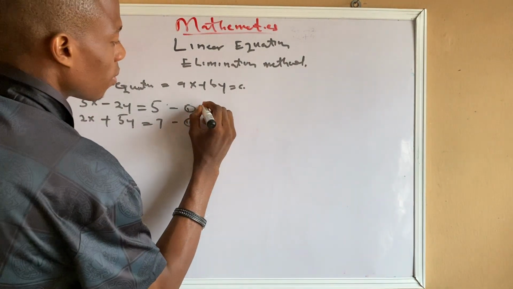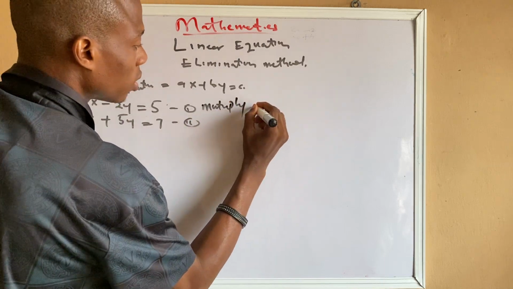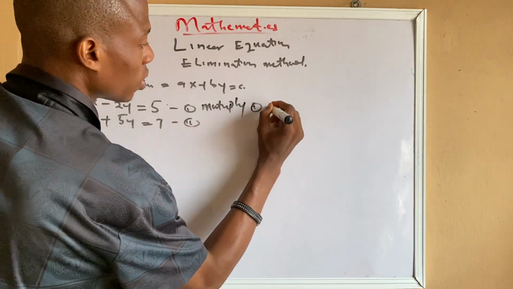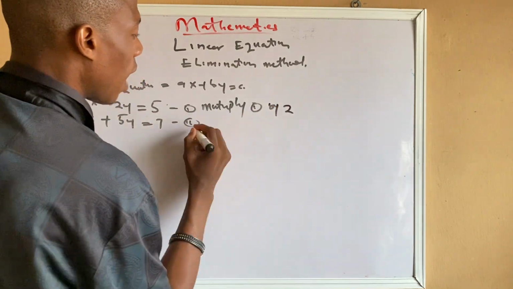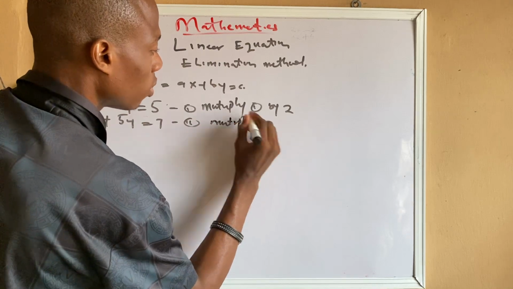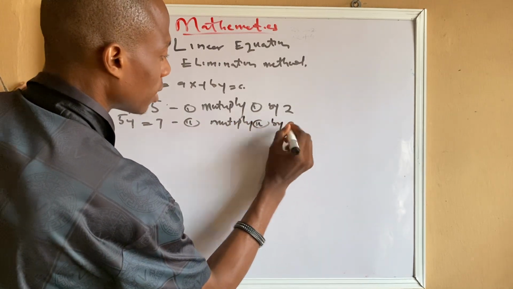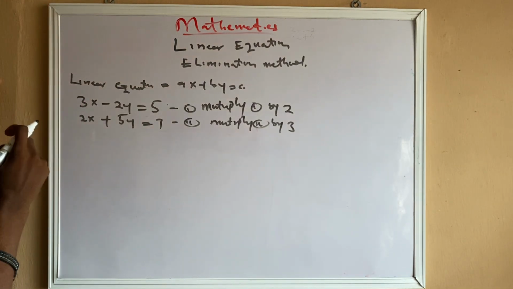Multiply equation 1 by 2, and multiply equation 2 by 3. I just multiply this by this and this by this, right?